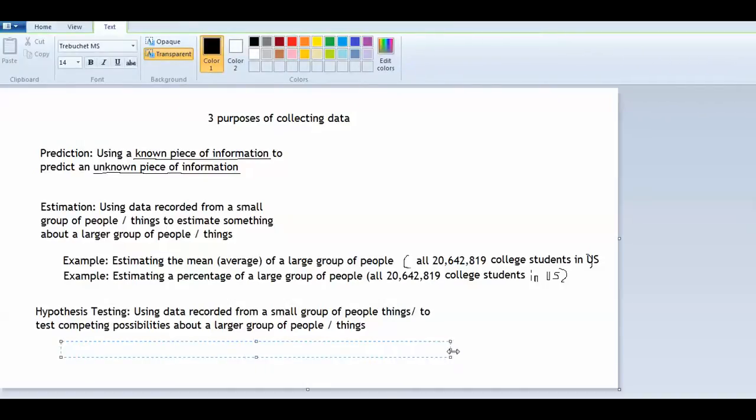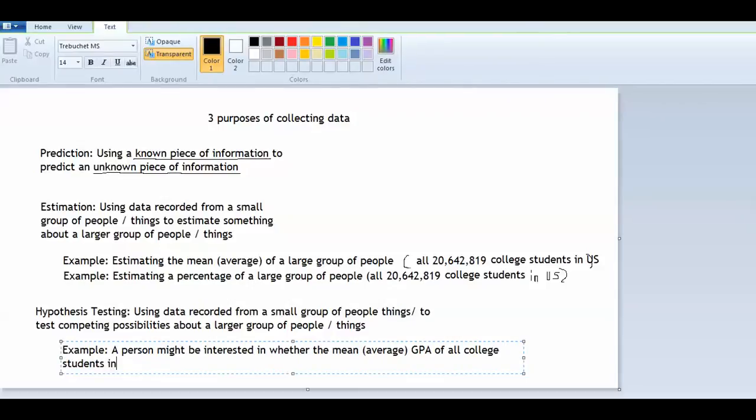I think this third purpose is the one that is a little bit more difficult to understand at first, but I'll try to give a simple example. A person might be interested in whether the average GPA of all college students in the US equals 3.0.